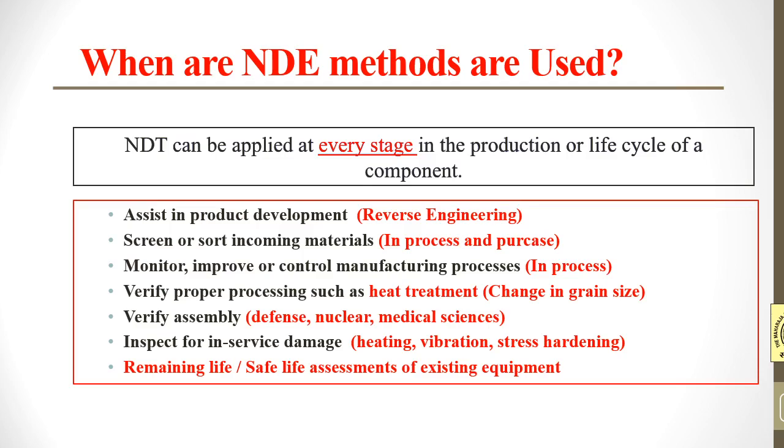Now, in defense, the example that you can understand easily is the bullet. The bullet is filled with ammunition, and we have to check each and every bullet for full filling of this ammunition.